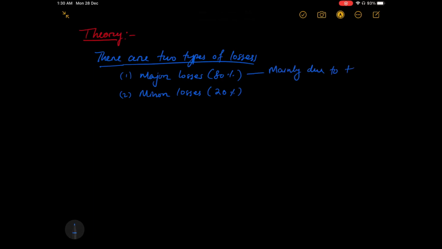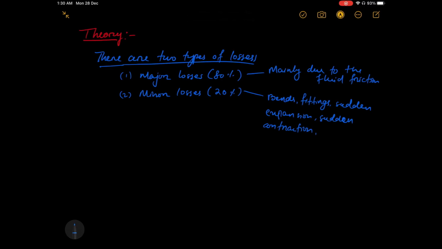The major losses mainly include the losses due to fluid friction, whereas the minor losses include the losses due to bends, fittings, sudden expansion, sudden contraction, and maybe sometimes due to entrance and exit also.